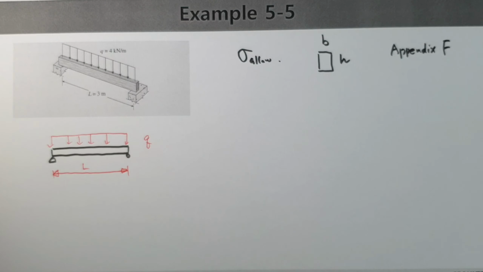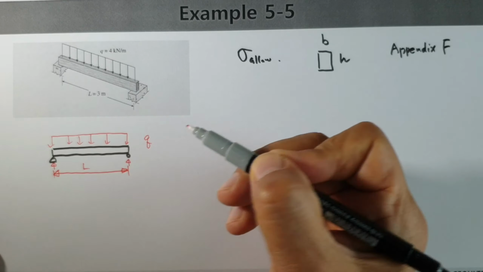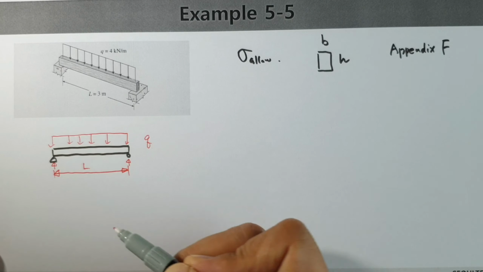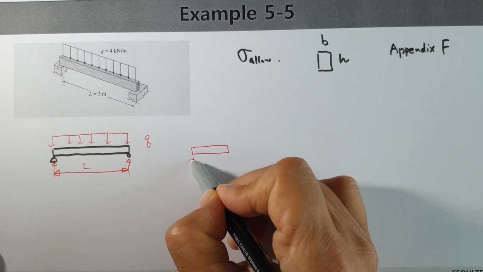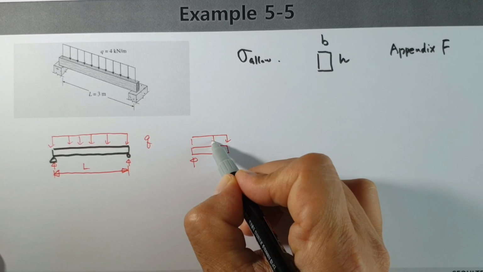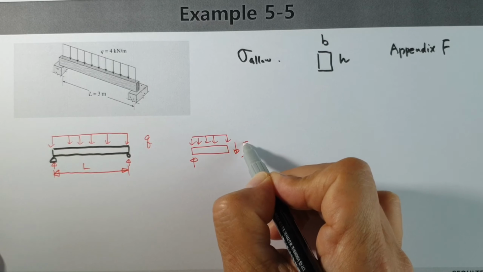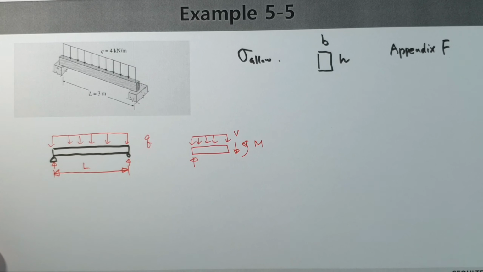We know very well how to find the shear force diagram and bending moment diagram. At first, to find the reaction forces, and after that, when you select this kind of free body diagram, and V and M, we can calculate like this one.